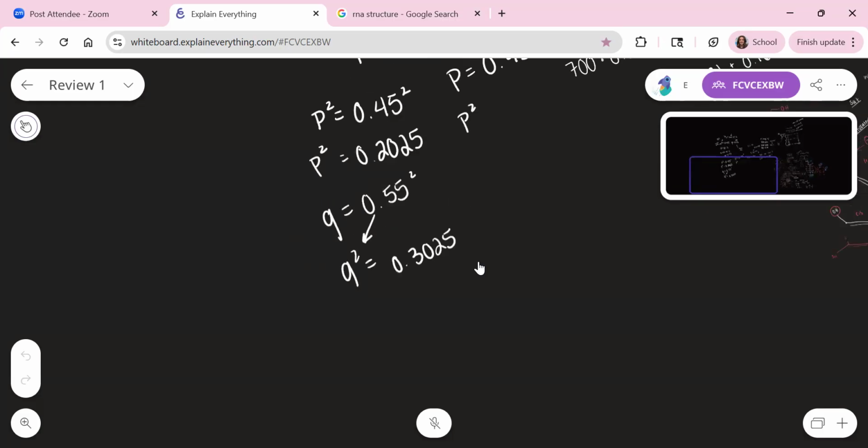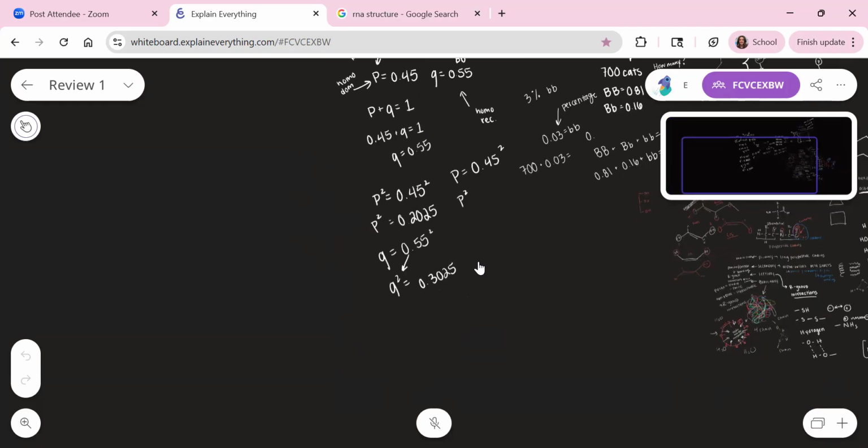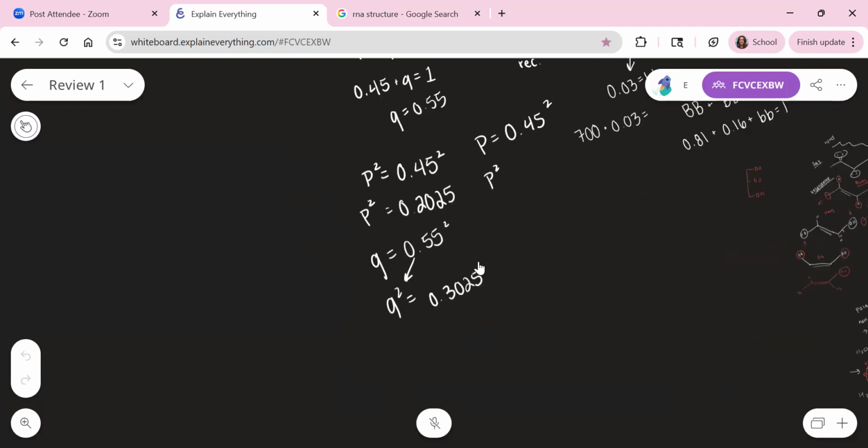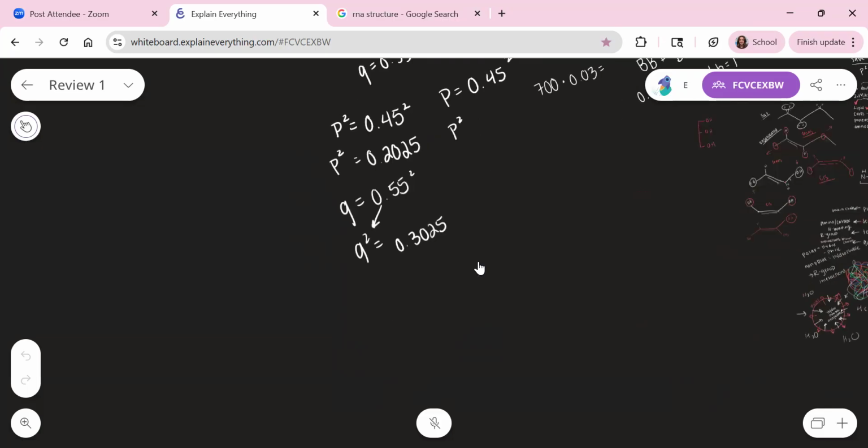Okay, we want to find the percentage of the population that is homozygous. I forgot to mention that. What percentage of the population is homozygous? So now we have two frequencies here.